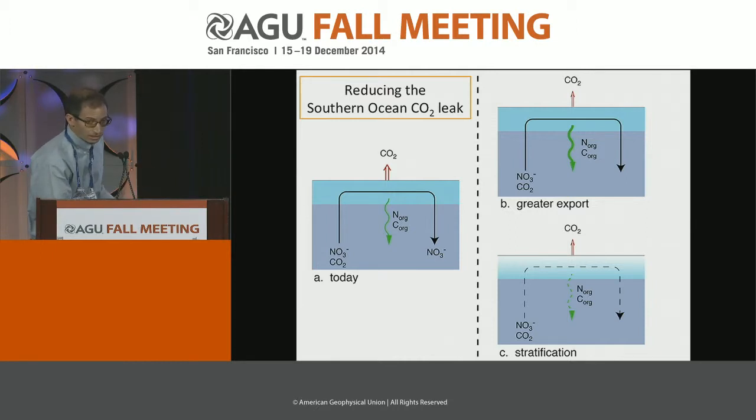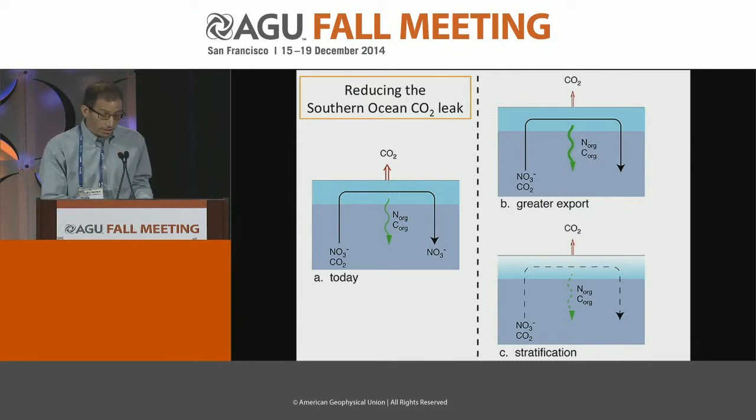And because of limitations on phytoplankton growth in this environment, especially limitation by iron, phytoplankton are unable to completely reconsume the nutrients and excess CO2 that are brought to the surface. As a result, some of those excess nutrients, a lot of them, return back into the interior unused. I'm describing the nutrients here simply in terms of nitrate, and CO2 is evaded to the atmosphere. So this is the leak.